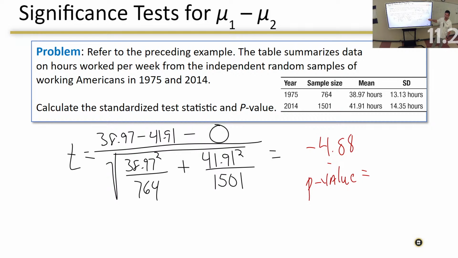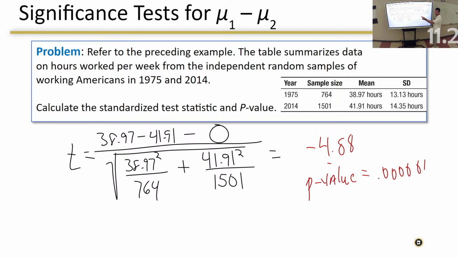E negative 6. Careful. Please don't ever put the p-values 1 point something. P will never be bigger than 1. We write like 10 to the negative 6. That's fine. They don't care if you write it's almost 0. They don't care if you write that it's really, really small. I mean, they really don't care on that.